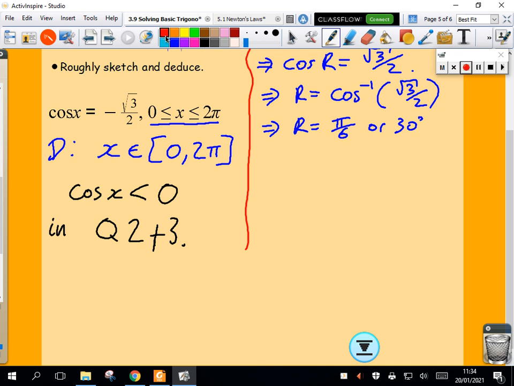Now I'm going to sketch and deduce. So sketch quadrants 2 and 3. So in quadrant 2, reference angle of pi over 6. Quadrant 3, reference angle pi over 6. If you prefer to stay with degrees for the moment and then convert into radians at the end, that's fine.